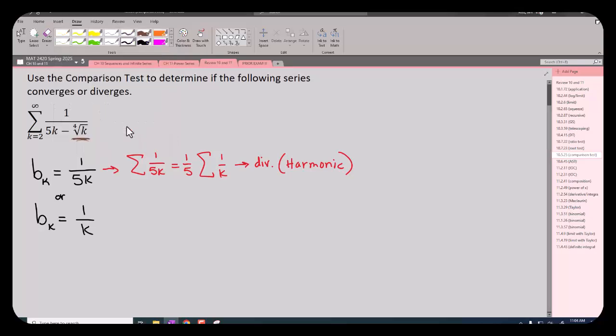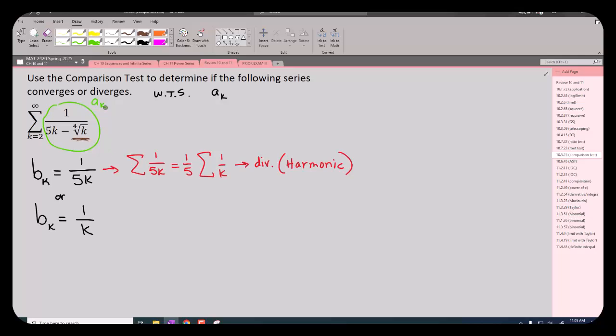That's our suspicion. So we would want to show that the a sub k is the one we're analyzing. A sub k is always the one that we are looking at. Do we want it less than b sub k or greater than b sub k? Greater than. So our basic concept is bigger than diverging diverges, smaller than converging converges.